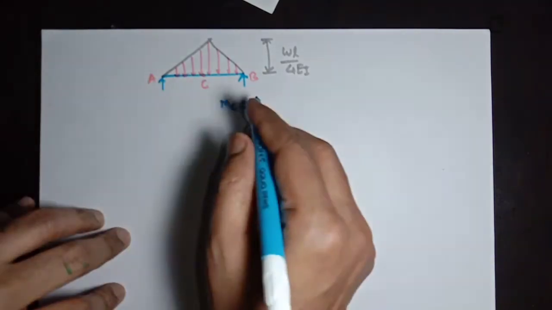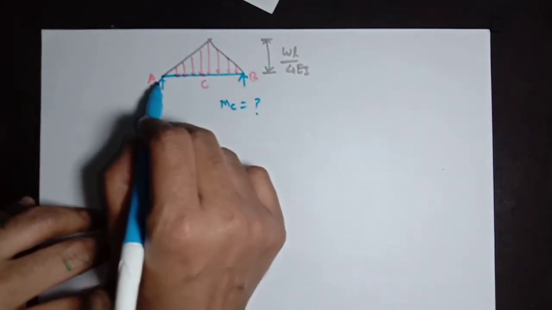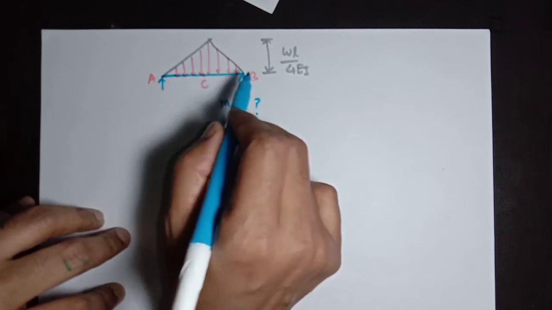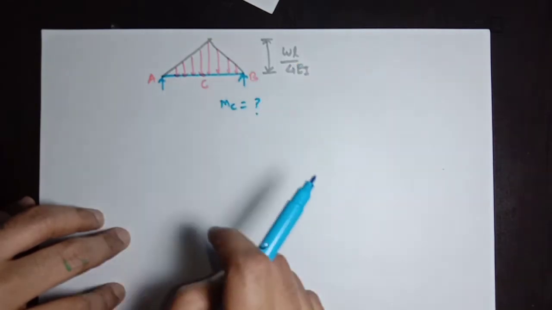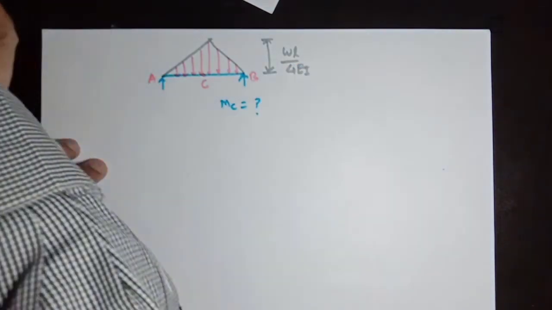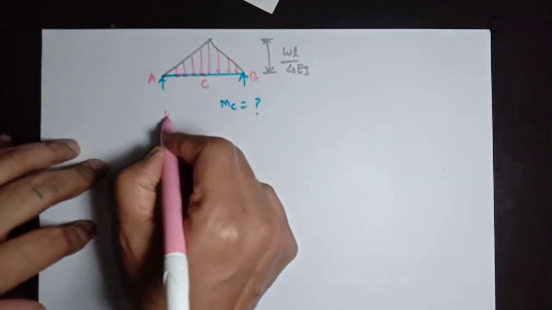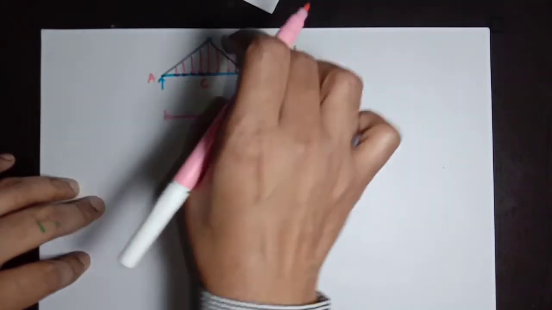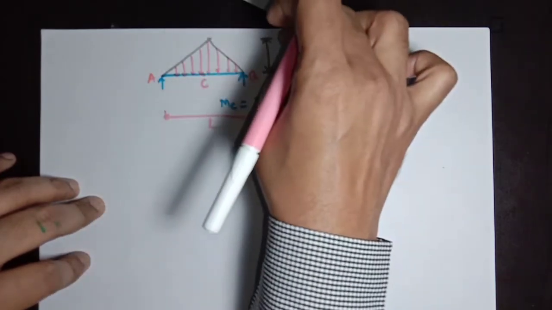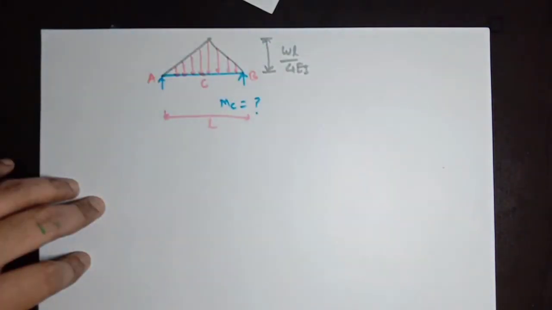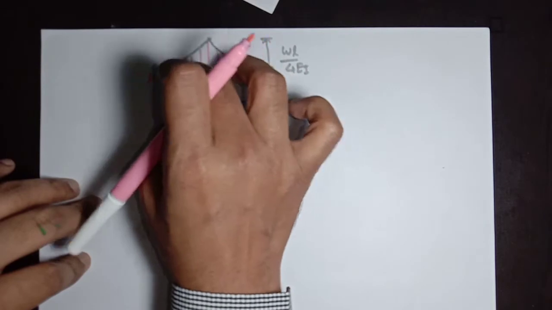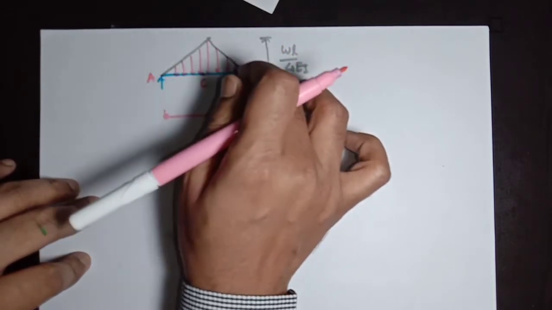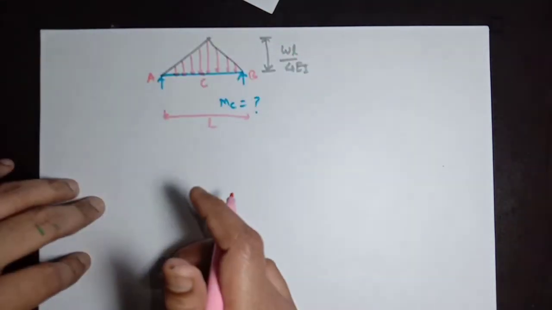In order to find MC, we need to find the reactive force at A and the reactive force at B of this conjugate beam. This is the length of this beam. This is a triangular loading having base length L and height WL divided by 4EI, and the loading is symmetrical about point C. Left of point C and right of point C have a symmetrical loading pattern.